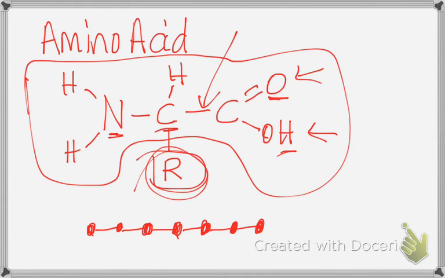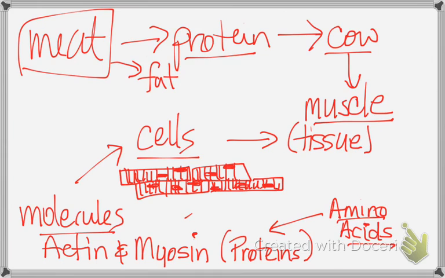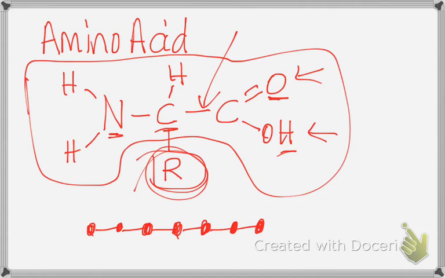So, instead of having chunks of hamburger meat, we have to take in chunks of cow muscle, chew it up, break it down into individual cells, break those cells apart with digestive enzymes to get proteins, break those proteins down to get individual amino acids, and those individual amino acids then get absorbed into our bloodstream and carried where they need to go.